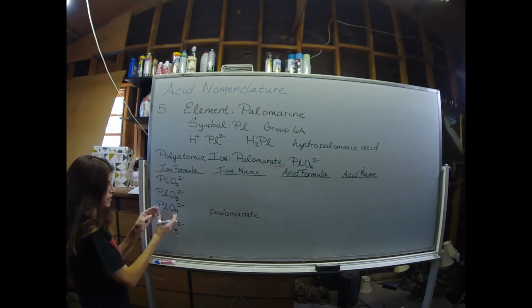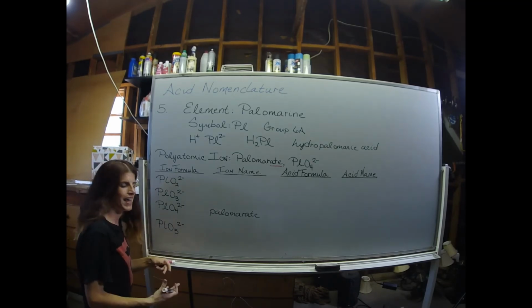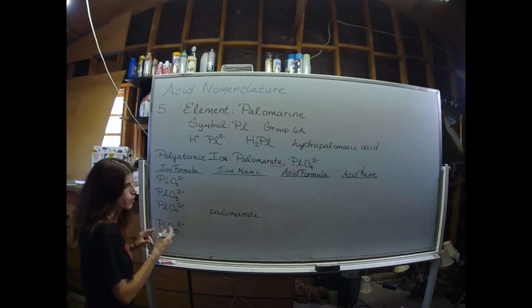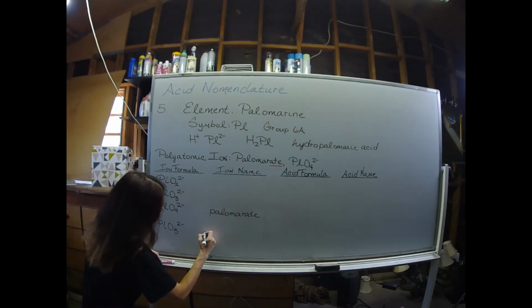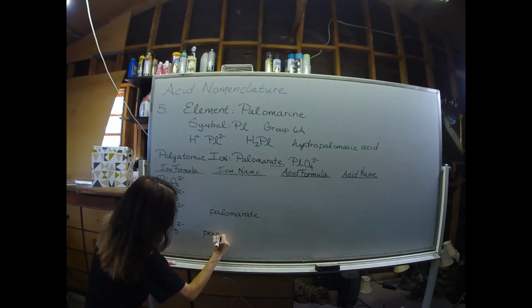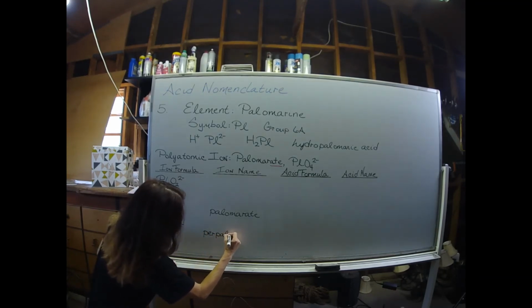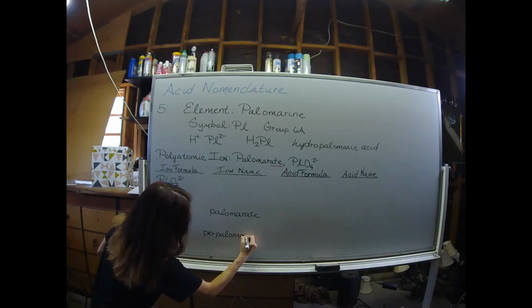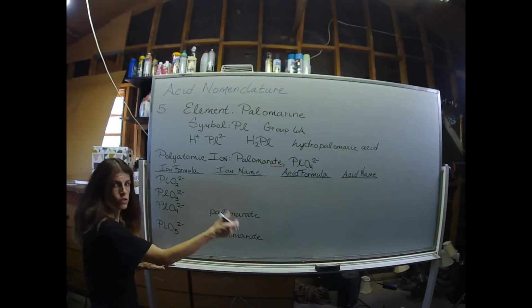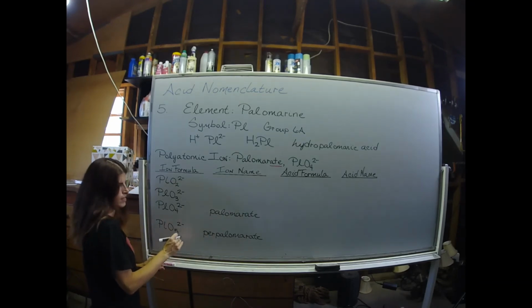So when the polyatomic ion gains or has an extra oxygen, we're going to put a per in front of its name. So this is going to be perpalomate. And then there's always two ates, and the two ates have the most oxygens in the sequence.